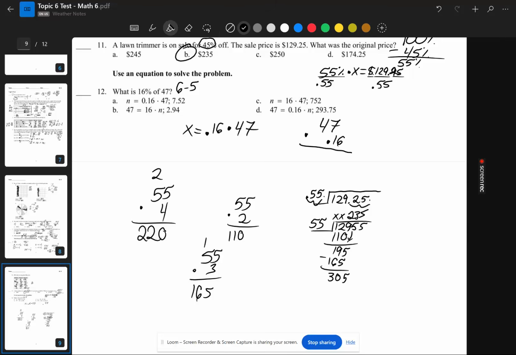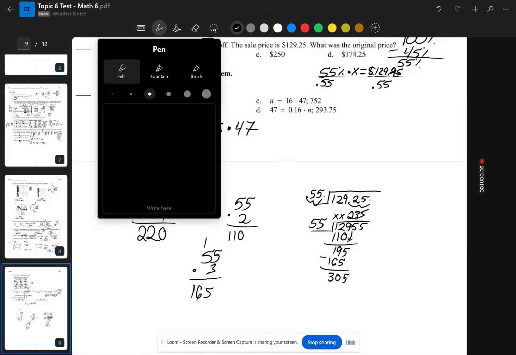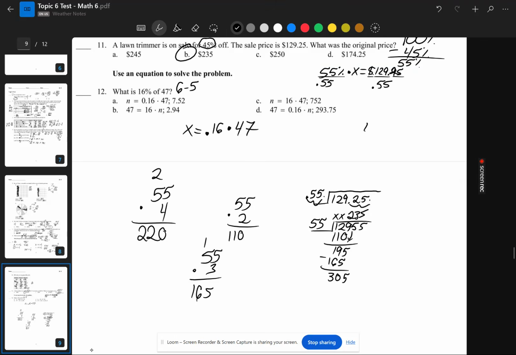Actually, I'm going to make this go down a little bit more, otherwise I won't have room. There we go. 47 times 0.16. 6 times 7 is 42. 6 times 4 is 24, plus 4 is 28.